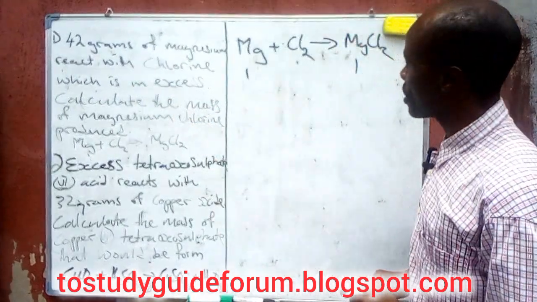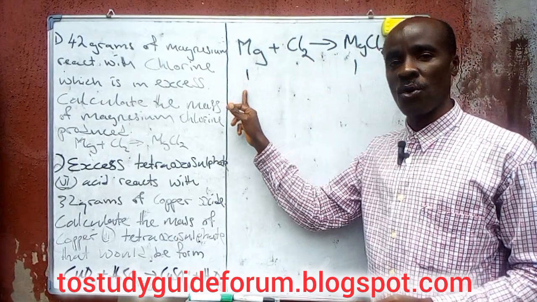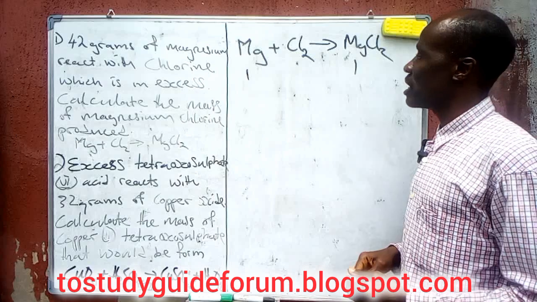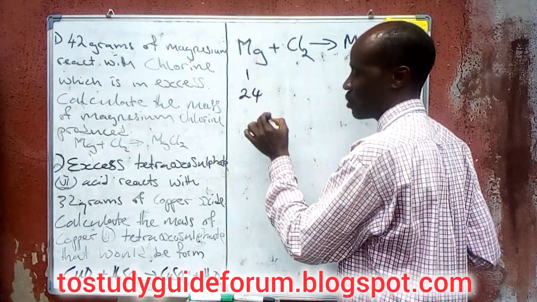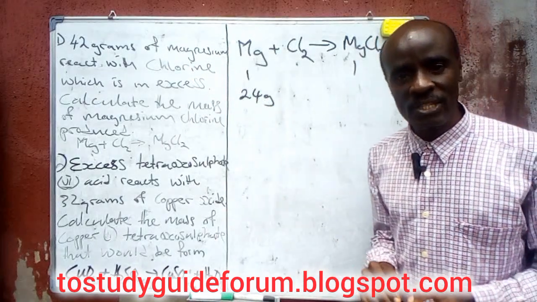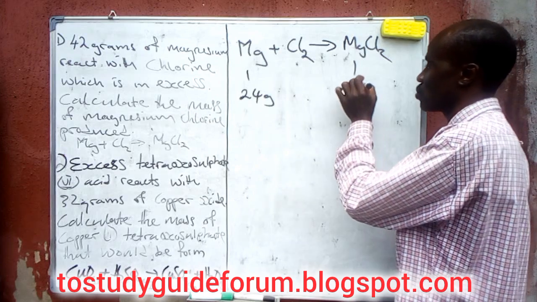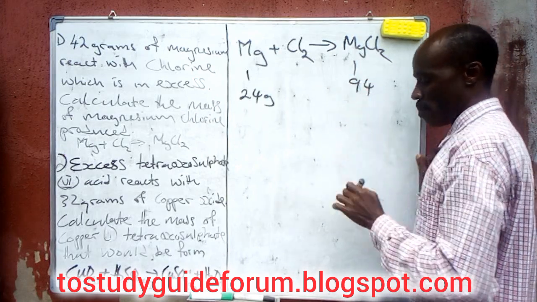This is talking about the mass of this to the mass of this, in order to get the required mass we need. From here, one of the things we can find is the mole relationship, 1 mole is to 1 mole. Another thing we can find is the mass of the reactant, which is 24 grams. And the mass of the product should be around 90, either 94, but let me confirm.